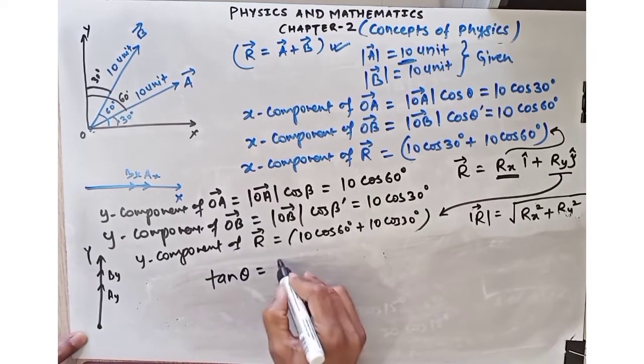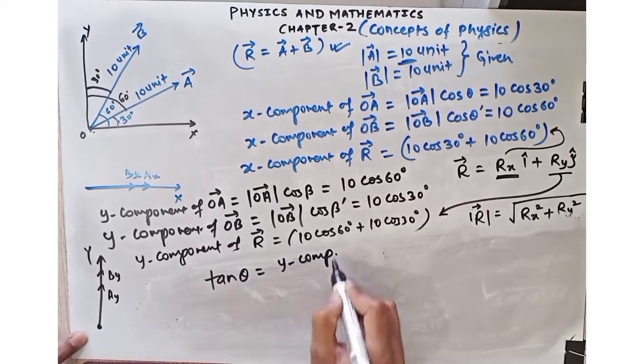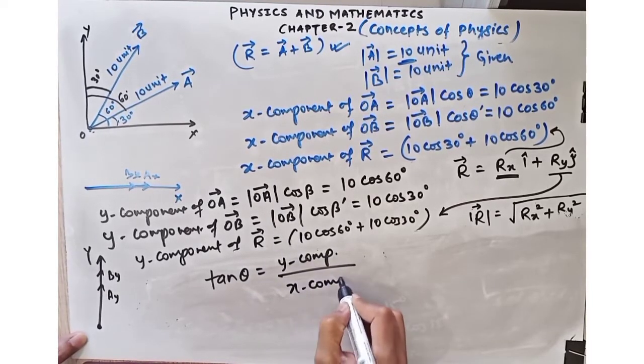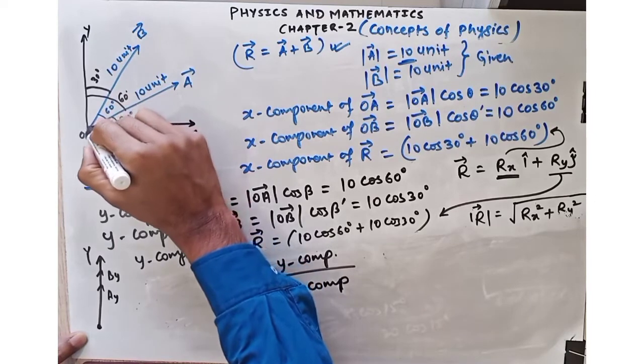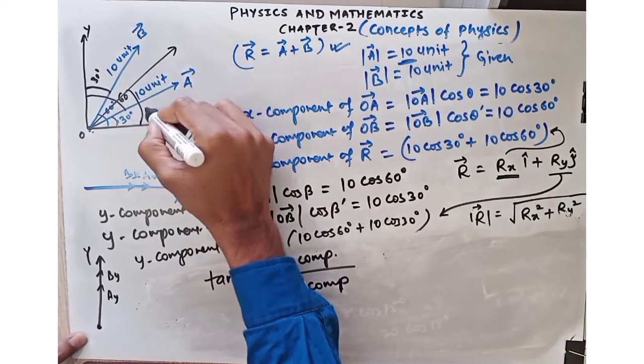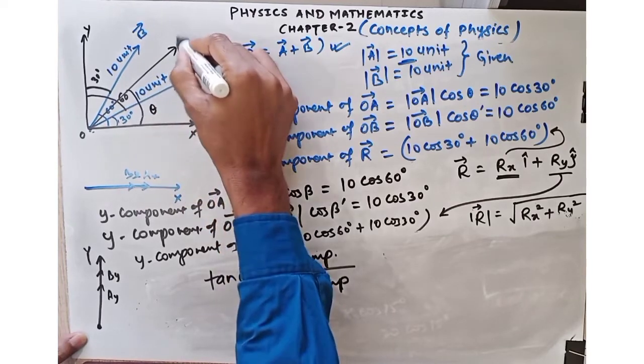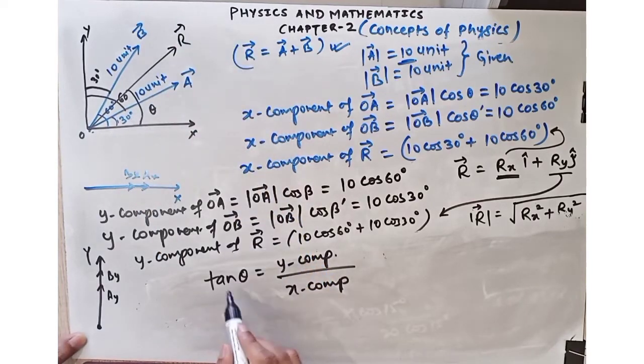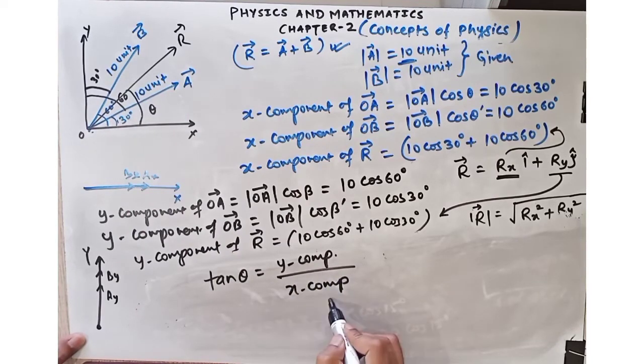Now tan theta is y component upon x component. Suppose our resultant is along this direction and is making some angle, which I am calling theta. This is my resultant vector. So tan theta of the resultant vector will be y component upon x component.